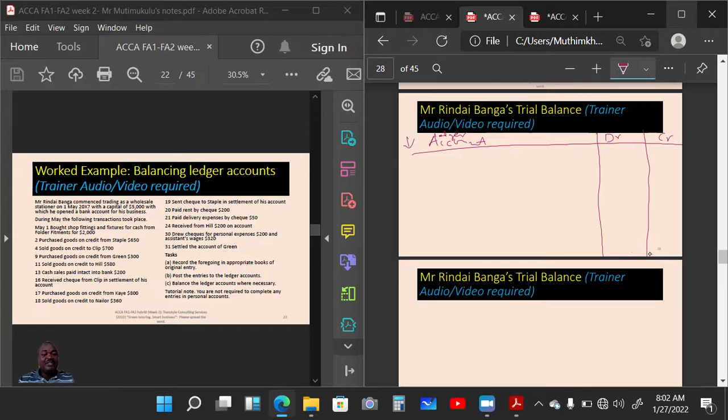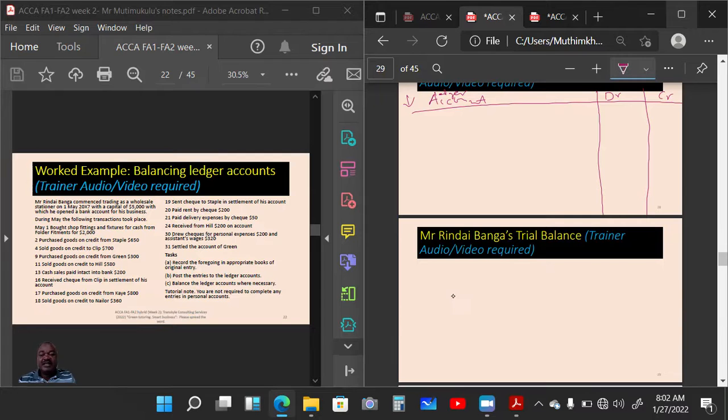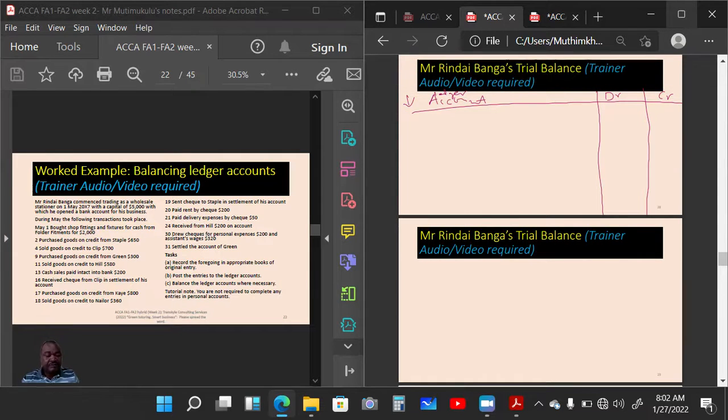Remember, we have got this accounting equation, if you still remember, in our first week's lecture. What does it say? Assets is equal to capital plus liabilities, isn't it?